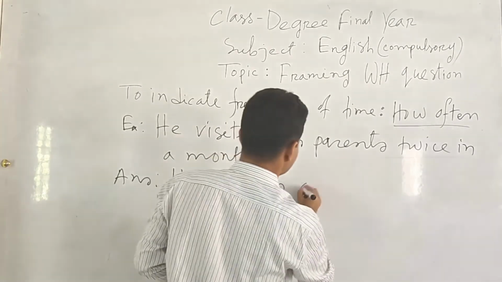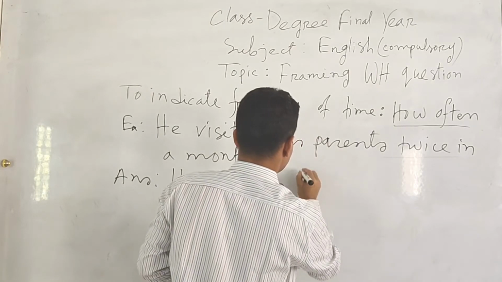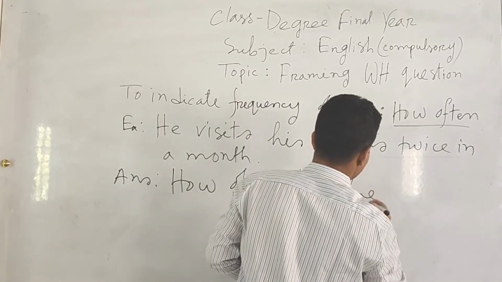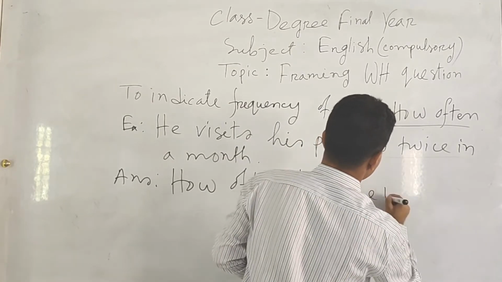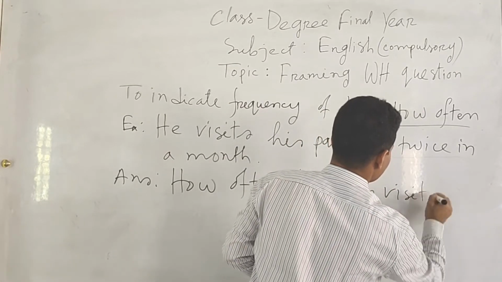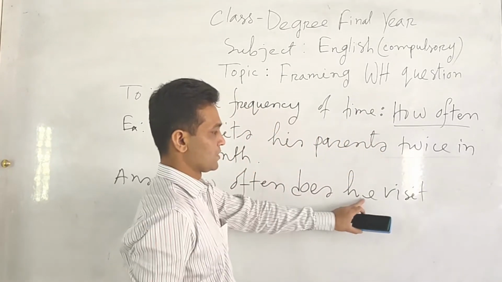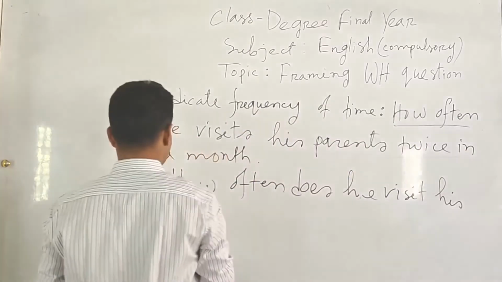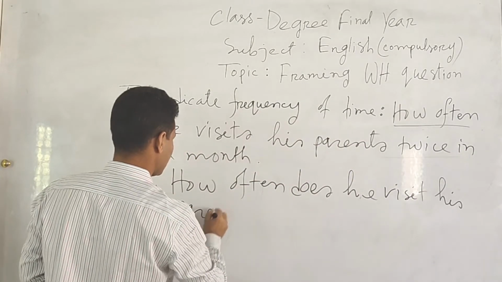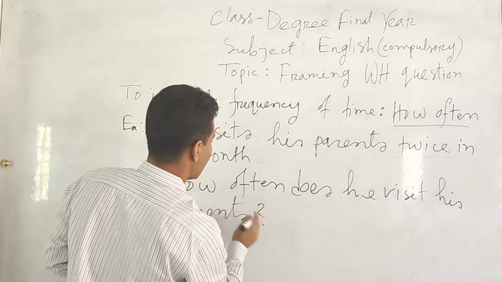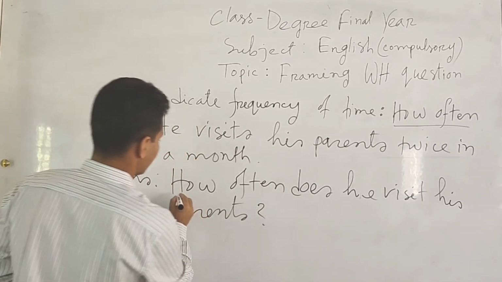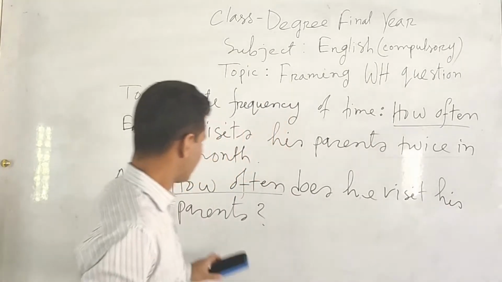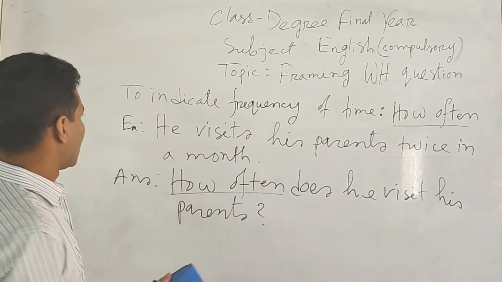Auxiliary does: how often does he, subject he, how often does he visit, how often does he visit his parents. Okay, to indicate frequency of time, you have to use how often.